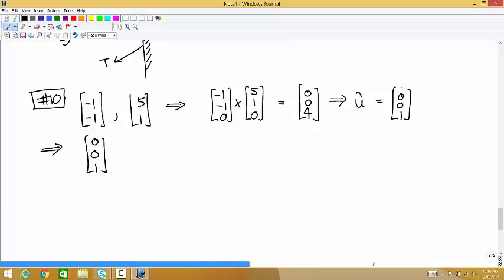So 0, 0, -1 is in the direction of 5, 1, 0 cross -1, -1, 0. Any other questions?